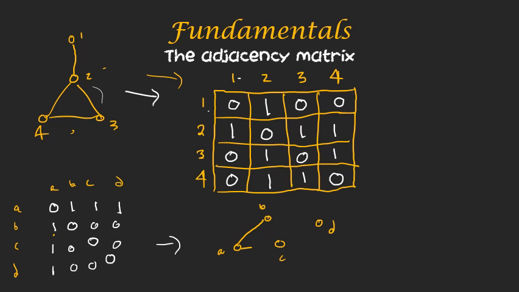A is adjacent to C, and A is adjacent to D. Then we can see B is not adjacent to C, nor is it adjacent to D. C and D are not adjacent. D is just adjacent to A. So this is my graph that came out of this matrix. We just use that encoding method to go the other way.